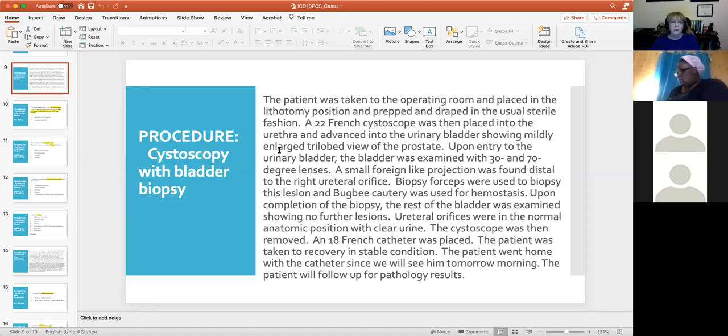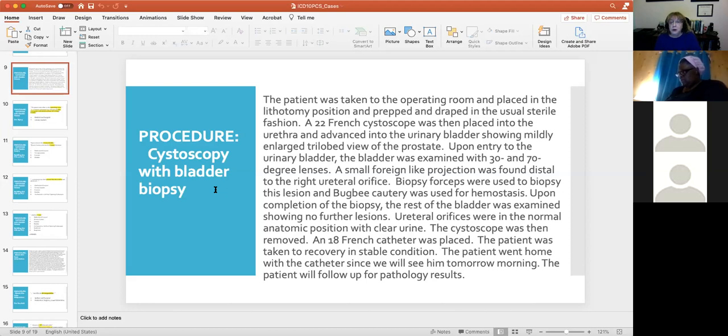Okay. All right, so here we have a cystoscopy with bladder biopsy. I guess it was urology day in the case studies. Okay, but I promise the third one is not urology. Okay, all right. The patient was taken to the operating room and placed in the lithotomy position and prepped and draped in the usual sterile fashion.